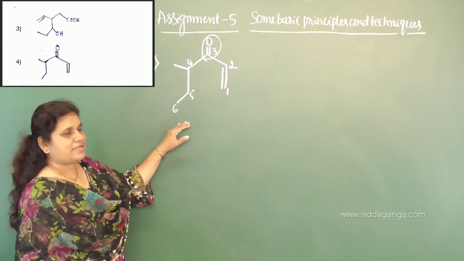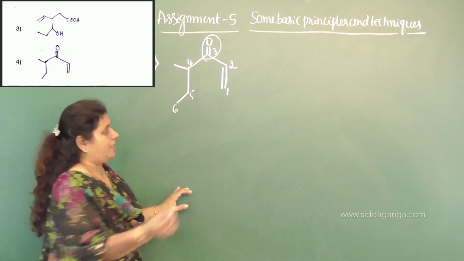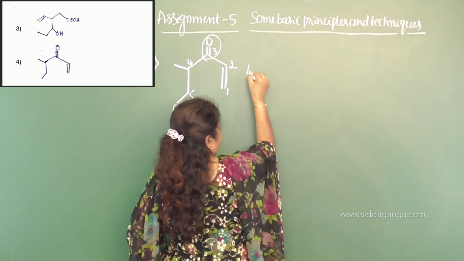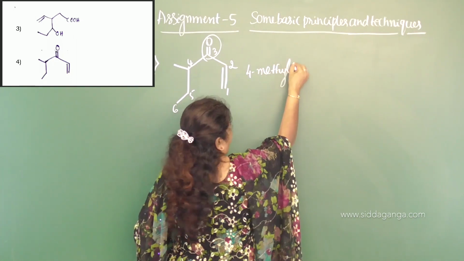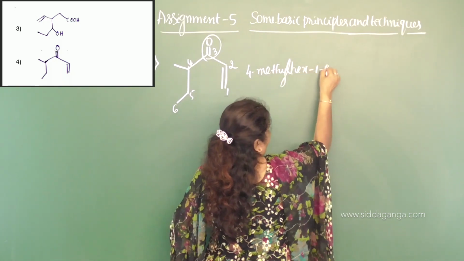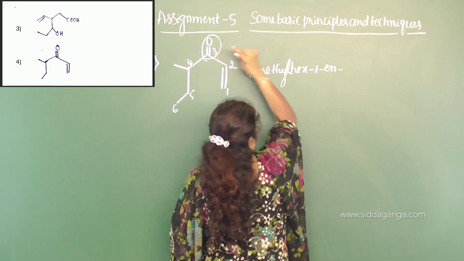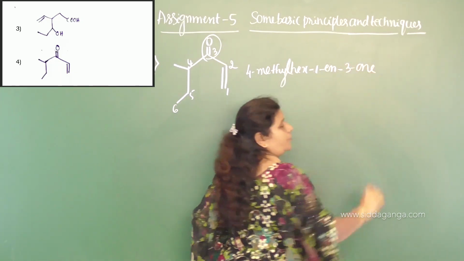So, a total of 6 carbon atoms are there in the root word. On the fourth carbon we have a methyl group. Therefore, the name is 4-methyl. What is the root word? Hex. And between 1 and 2 there is a double bond, 1-ene, and what is the secondary suffix for the ketone group?